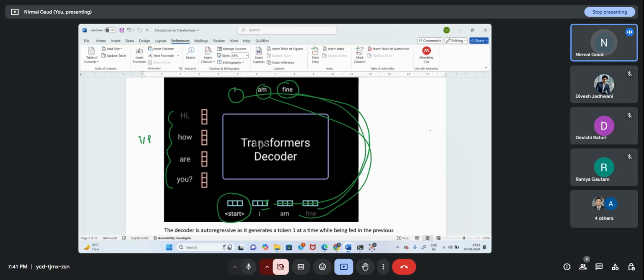Fine is again given as an input, and nothing is produced because the answer is over. Again, check out how this works. Initially all the inputs are given, then I, then am, then fine, and the end token will be produced at the last, after fine. This is how the transformer decoder works.